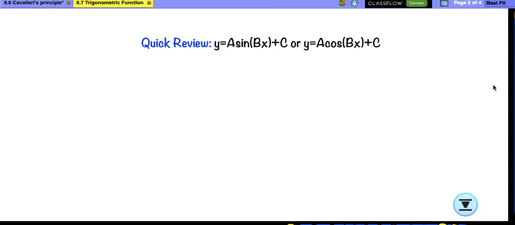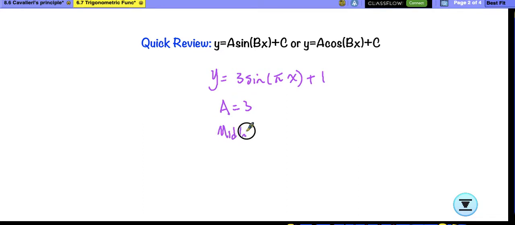For example, if I have a function like 3 sine pi x plus 1, first we know the amplitude is 3. That means the distance from the highest to the midline is 3. And the midline is y equals 1. Please do not forget that it's y equals, so it's a line.